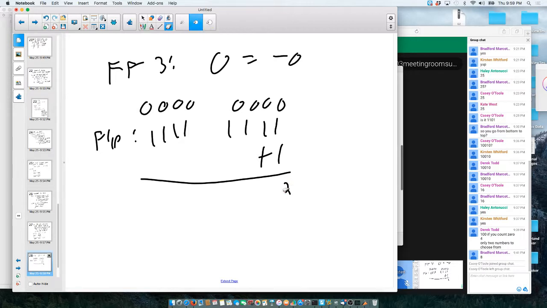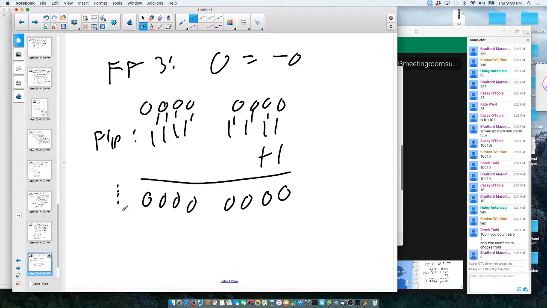I have to write a 0 and carry the 1, 0 and carry the 1, 0 and carry the 1, 0 and carry the 1, and now I have a 0 and I carry the 1 over here, but I only have 8 bits of space, so it falls off the end of the world, kind of like how your odometer rolls over. And so I get 0 back. This is one of the reasons why we use 2's complement, because 0's negation is 0, just like it is in regular math.